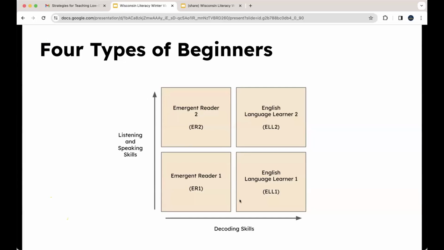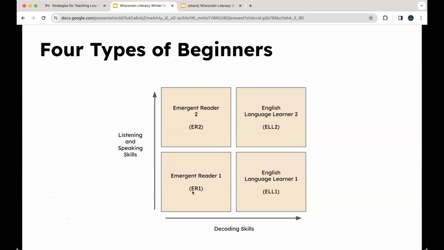And then the second range to consider is decoding skills. Excuse me while I hide that control. So the other range to consider is if a student's decoding or literacy skills are low versus high.